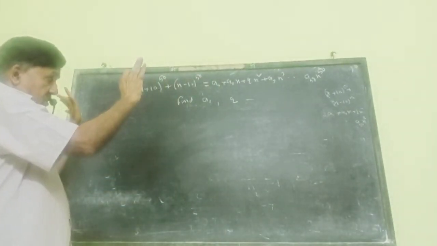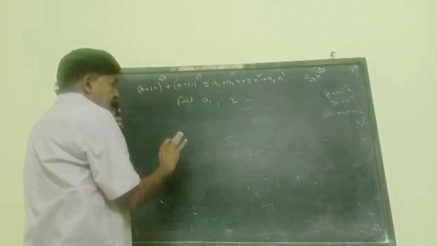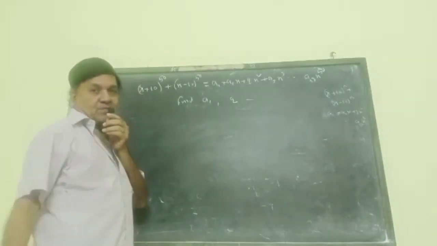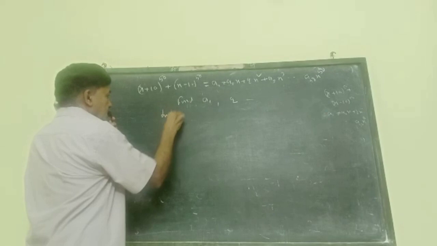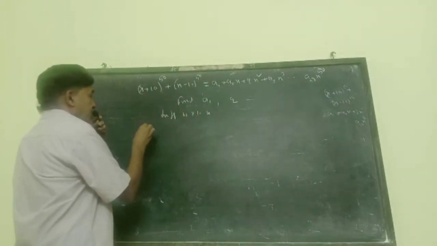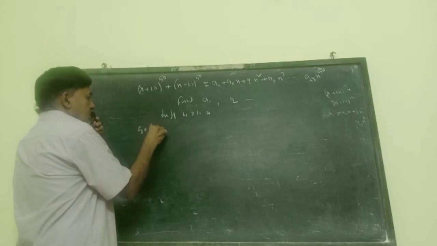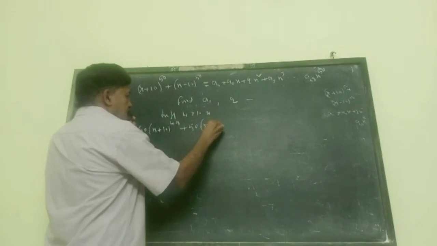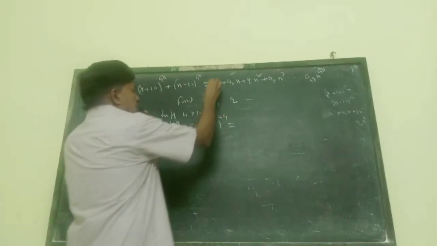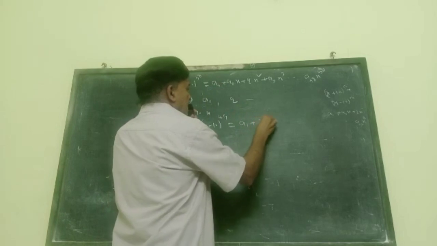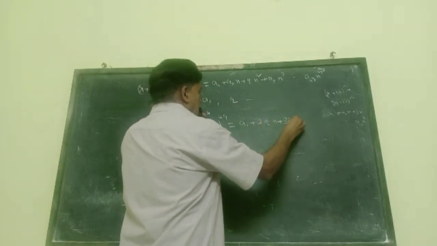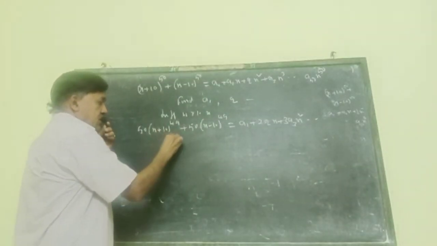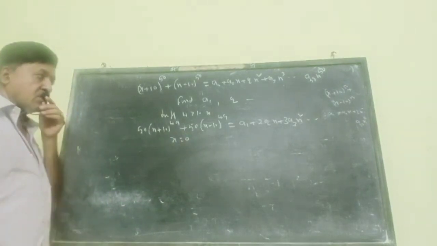So in an equation, whenever you want to find the x coefficient, you differentiate on both sides and put x equal to 1. So differentiate with respect to x on both sides. This is 50 into x plus 10 whole power 49, plus 50 into x minus 10 whole power 49, is equal to A0 derivative 0, A1, 2 A2x, 3 A3x square, etc. Now, x equal to 0 you have to put.